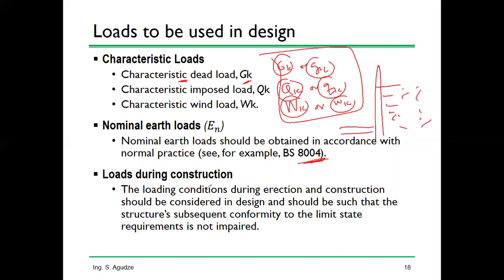Sometimes you pack some materials on the building whilst you are doing the construction. After you are done with the construction, those loads are not supposed to be there. We call them construction loads. And these are loads, if you don't consider them in design, can even lead to the collapse of the building during construction.